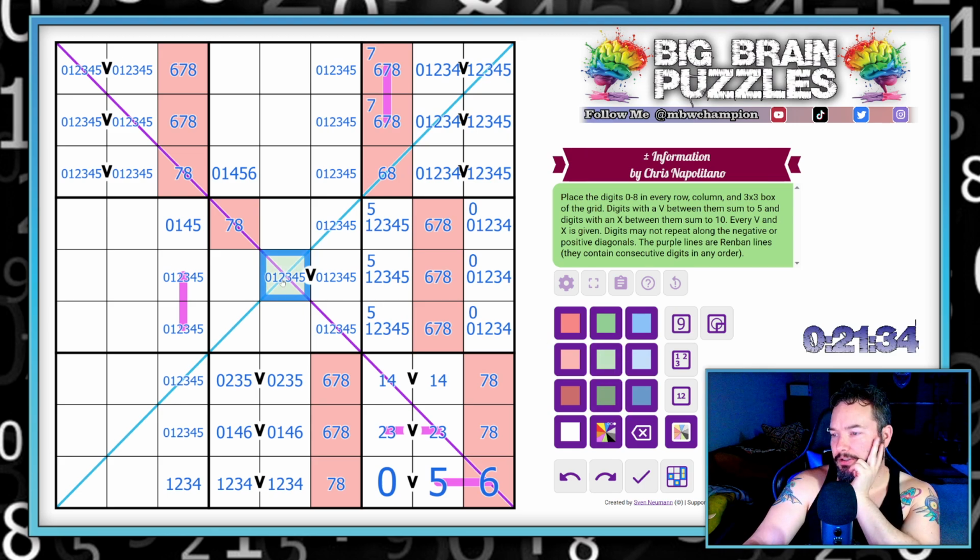I'm going to label that right there. So if this is a 4, that means the 4 would have to go here. This diagonal sees all these, right? Plus this. So then the 4 would have to be here, meaning the 4 would have to be here.